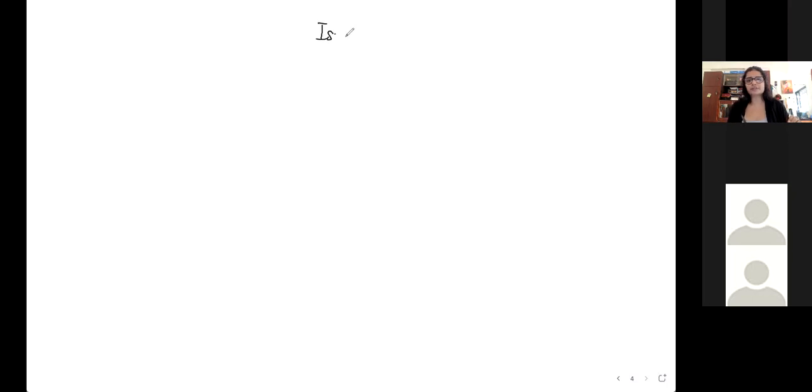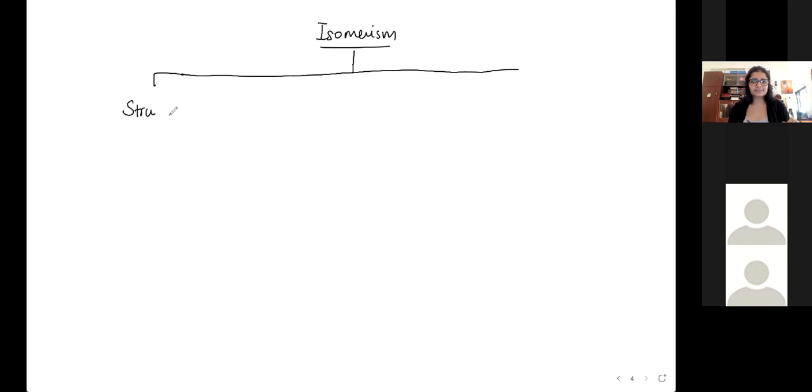So if you have isomerism, either you can have completely different structures itself, just a whole lot of difference in the structure, in which case that's structural isomerism.